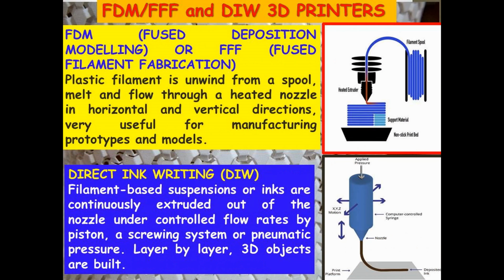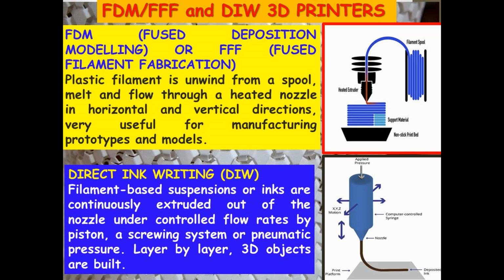budget and resources. FDM or FFF and DIW 3D printers. FDM, that is fused deposition modeling, or FFF, that is fused filament fabrication. In this case, plastic filament is unwound from a spool, melted and flows through a heated nozzle in horizontal and vertical directions.